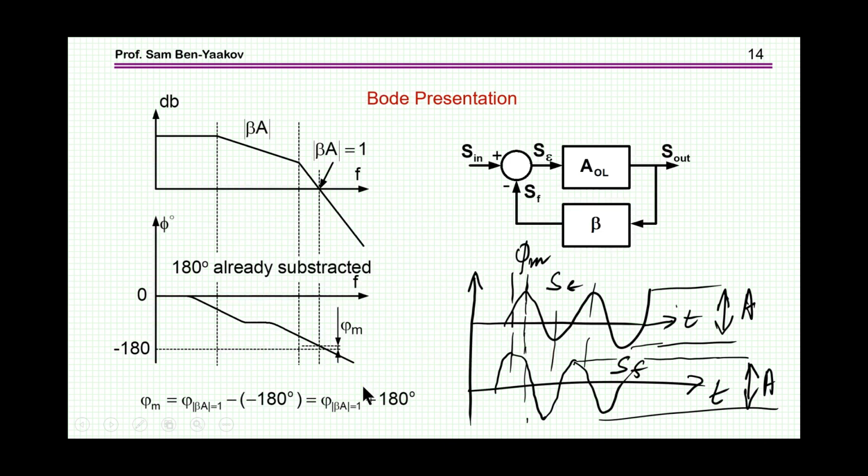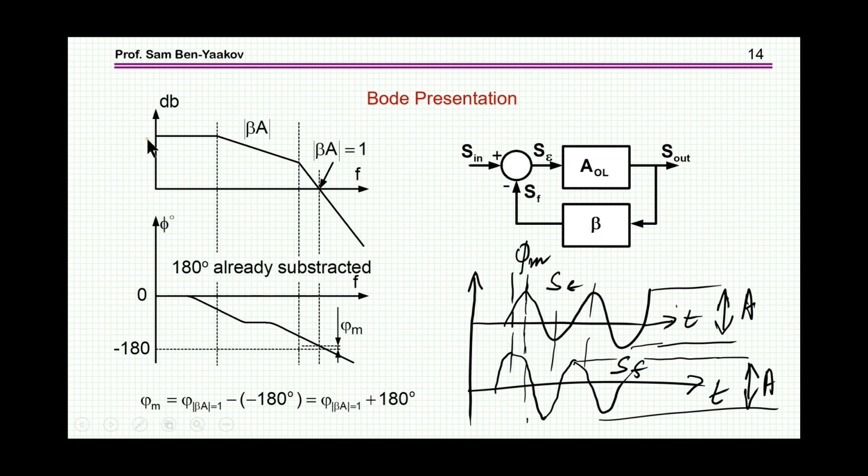So here it is. We have a system, we have a loop gain, and this is now showing a transfer from the error signal here back to here. This is the loop gain. This is the input. This is SF, the output. We have a certain amplitude here, a certain amplitude here, and then we have a certain phase shift. So what the Nyquist criteria is saying is the following.